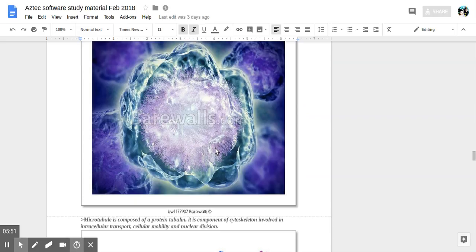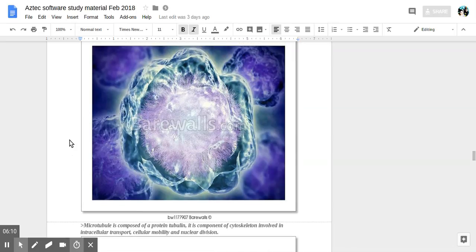There's a nice picture showing the microtubule here, composed of the protein tubulin, a component of the cytoskeleton. This is involved in intracellular transport, cellular mobility and nuclear division.